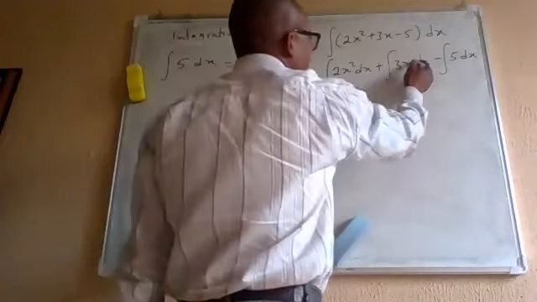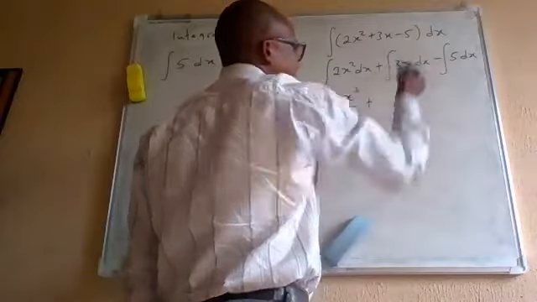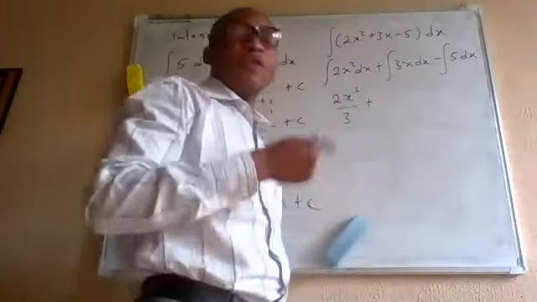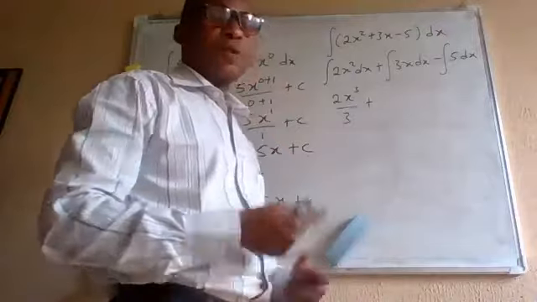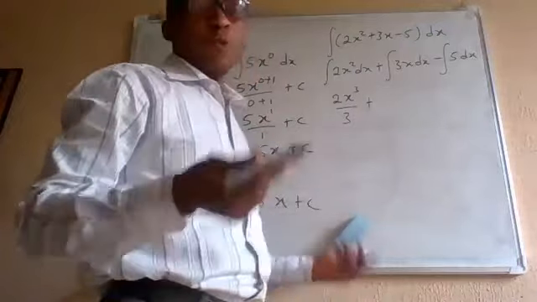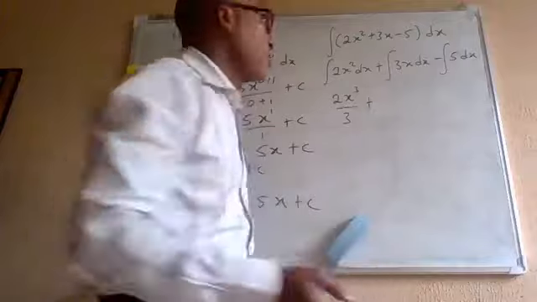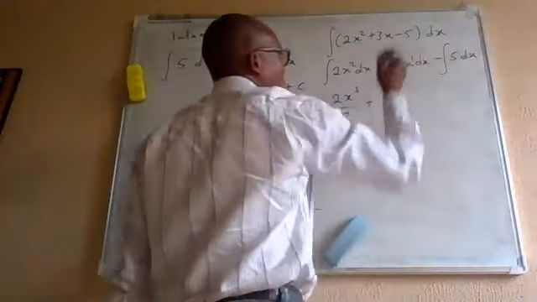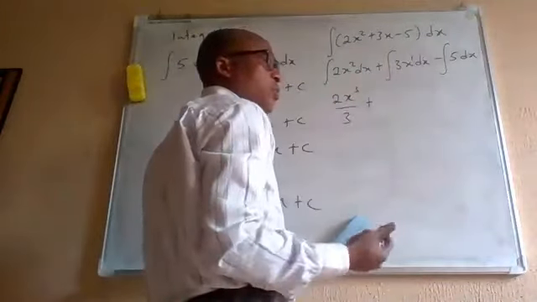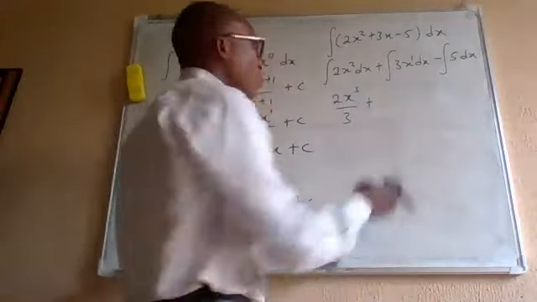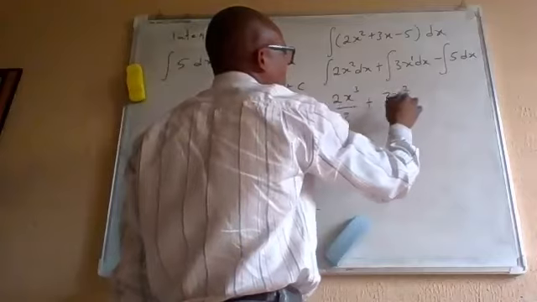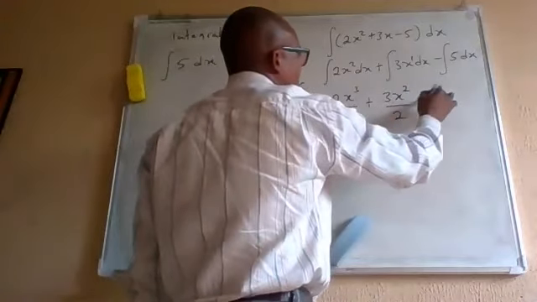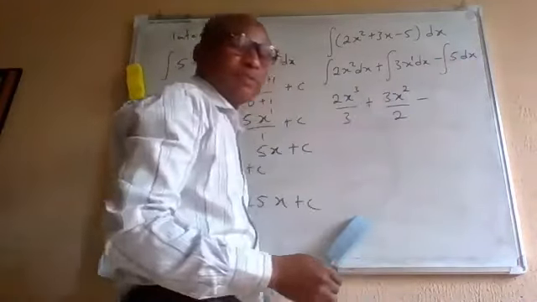Plus, this one is 3s. That means that s is raised to power 1 as it is, because it's just 3s. So 3s raised to power 1 is still the same thing as 3s. So already there is 1 on this, and the rule says add 1 to the power. By the time you add 1 to this power, this will give us 3s raised to power 2, then you use that to divide it. Minus, then integrate 5, which I've done.